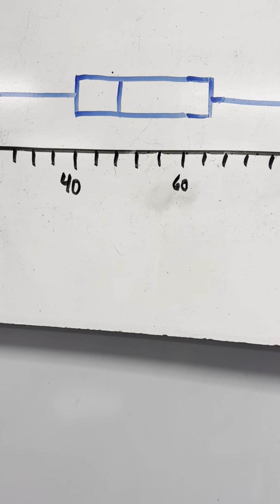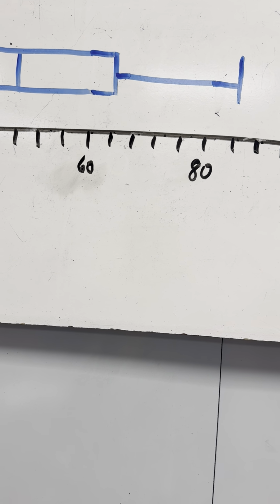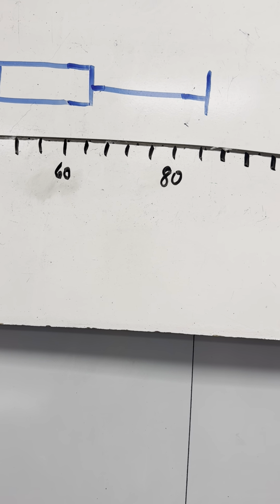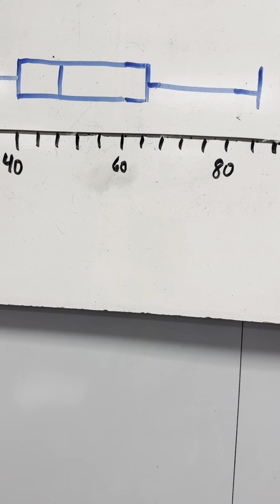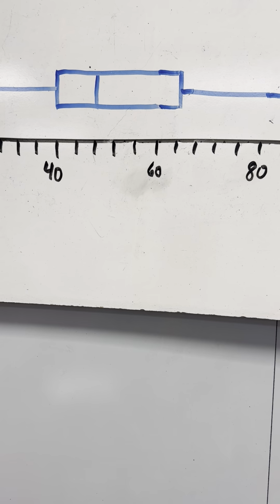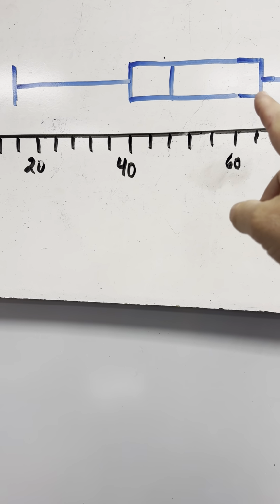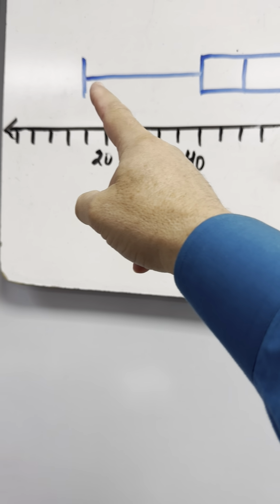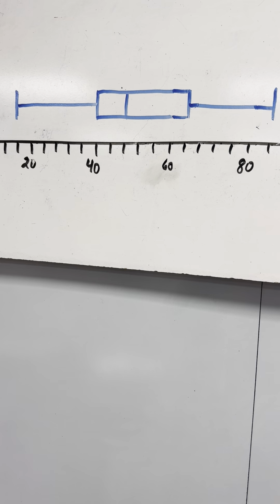That would also be 25%. What's the percent of the data between 64 and 84? That's also 25%. What's the percent of the data that's less than 64? Less than 64, from here all the way to the beginning. Hopefully that makes sense, that's 75%.